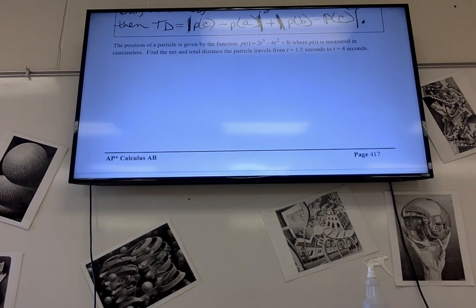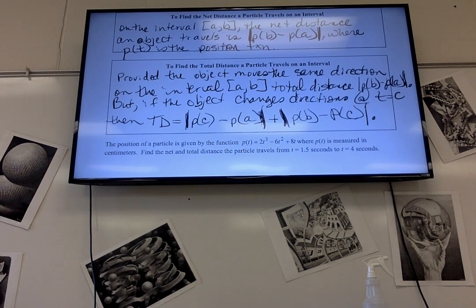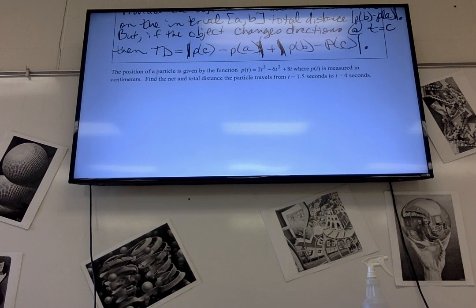Okay. So we had just talked about total distance versus net distance. Net distance is like if you're going from here to here, and then you turn around and you go back to here, and you wanted to know the net distance, it's only how far you traveled from start to where you stopped.